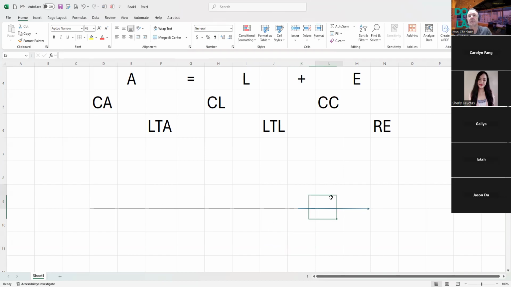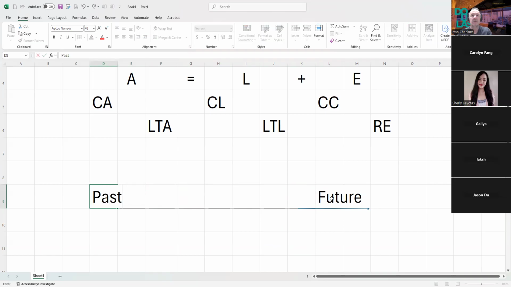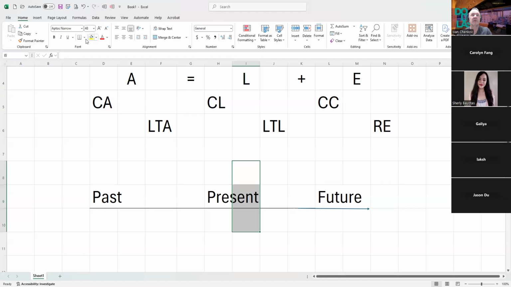So on this side of the line, that will be the future. On this side of the line will be the past. And now we're going to have the present. What is the present? Let's say the present is right here. Right at this point is the present.